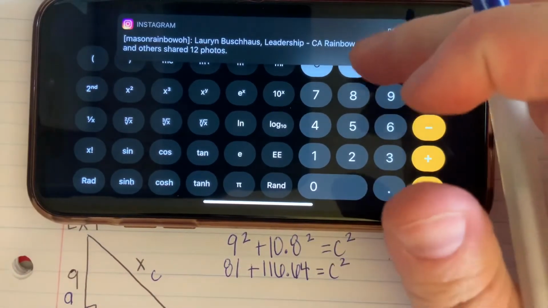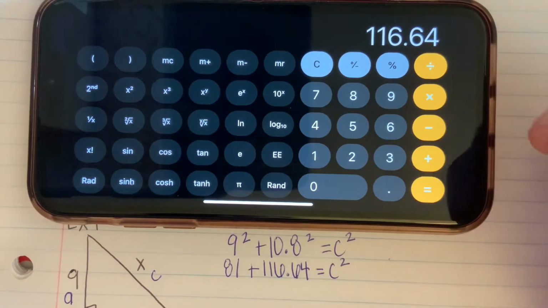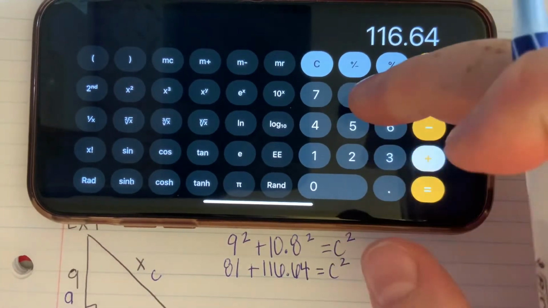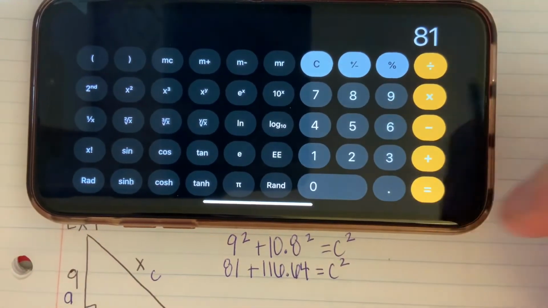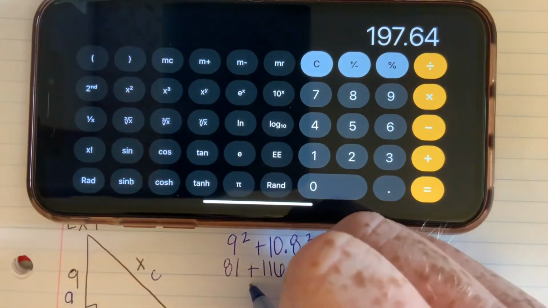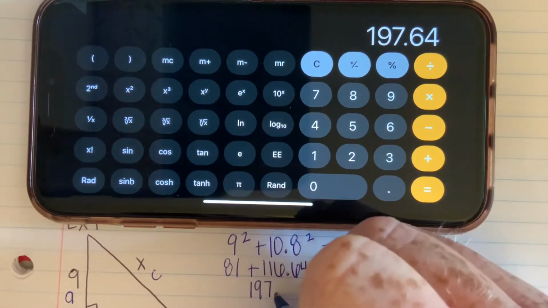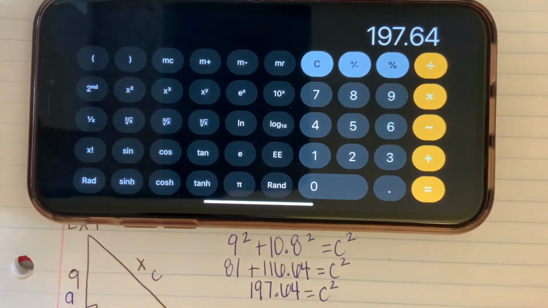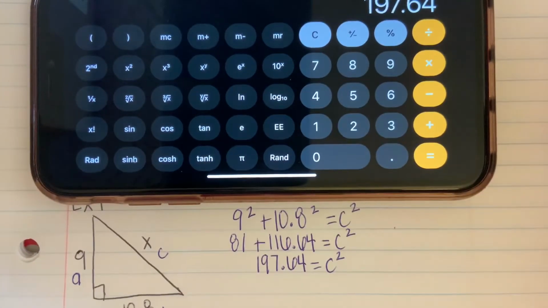I'm going to follow my order of operations and add these two numbers together. Equals, there we go. And I have 197.64 equals C squared. Is this my final answer?